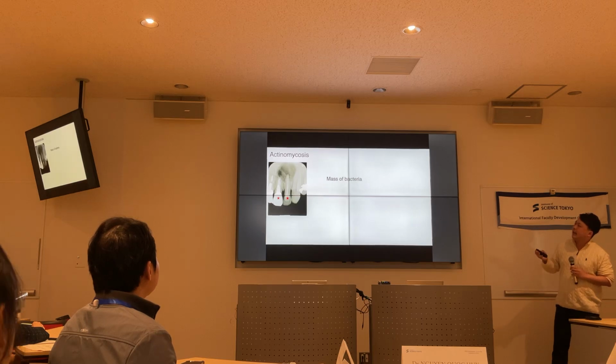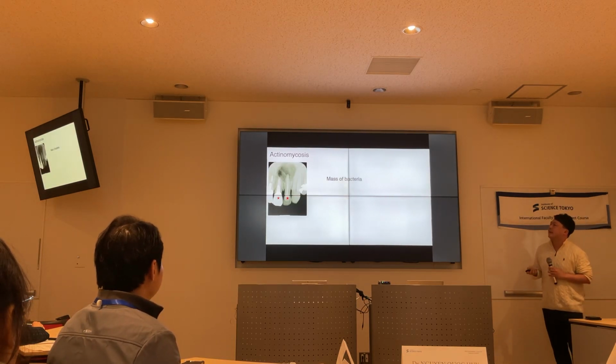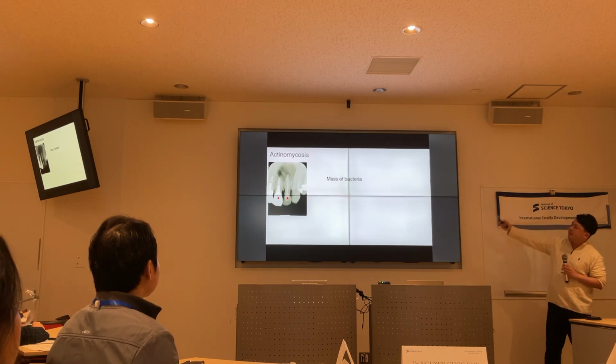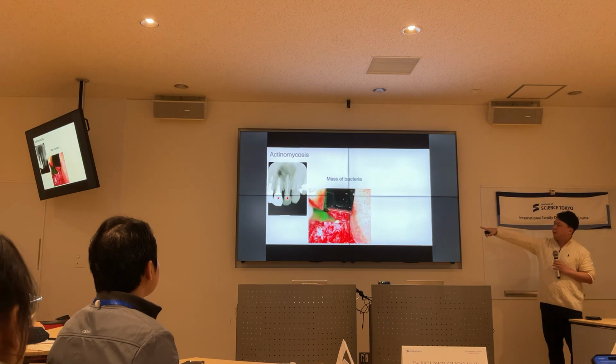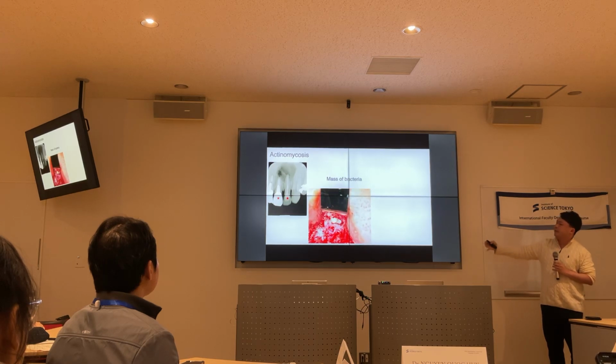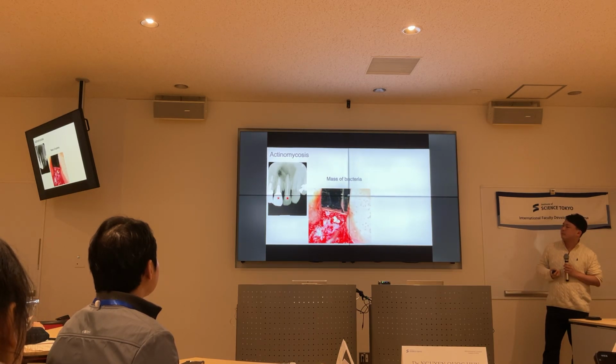As a case, infection of actinomyces is a very difficult case. In this case, it's a very big region. During the surgery and debridement, this white material comes from the dental region. So I carefully remove this one, like this.